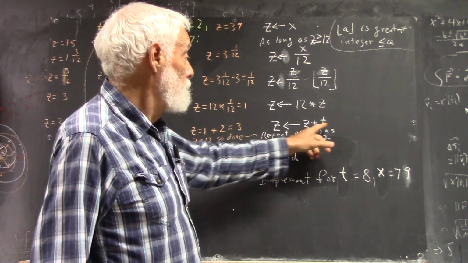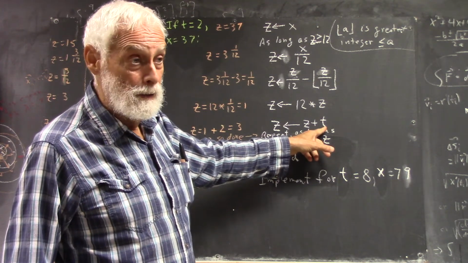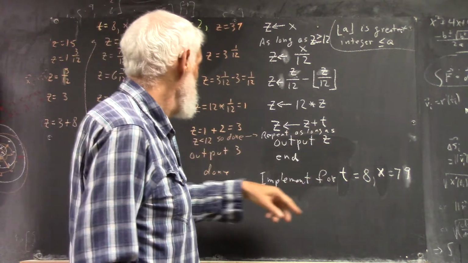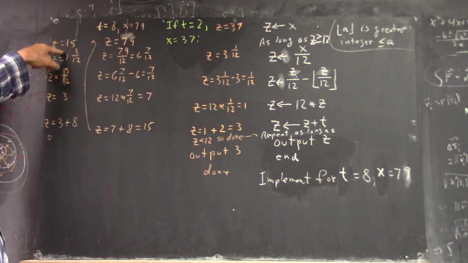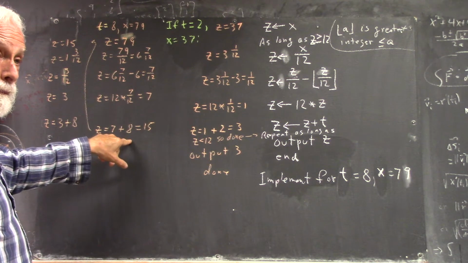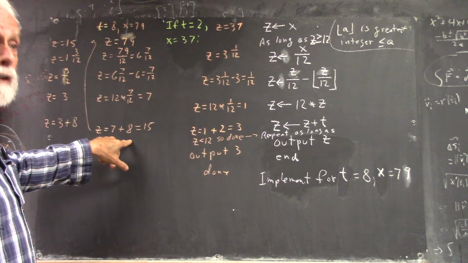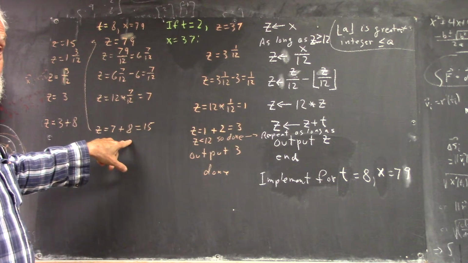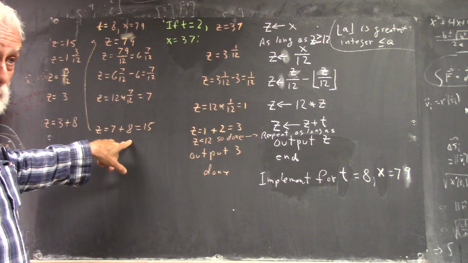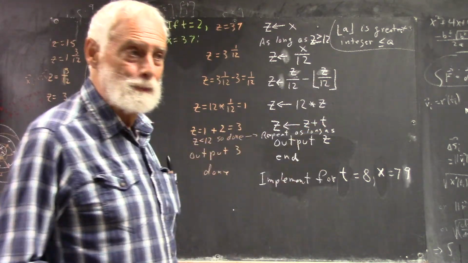Where I said replace z by z plus t, you had already done that, when you got the 15. When you got 15 here, there's your t, right? Yeah, but you said to repeat all the steps again. I did. So you did the algorithm right, but the algorithm is wrong. So we got to revise the algorithm. We got to debug it.